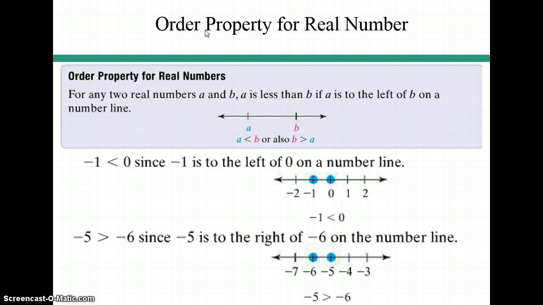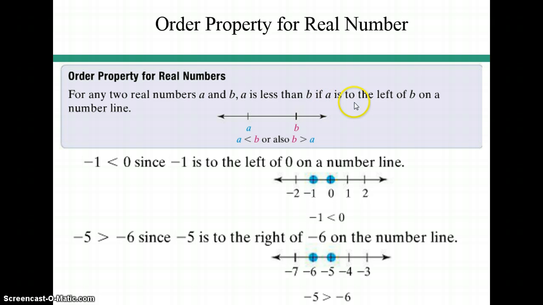Order property for real numbers. For any two real numbers A and B, A is less than B. See the symbol here, less than symbol, here greater than symbol.